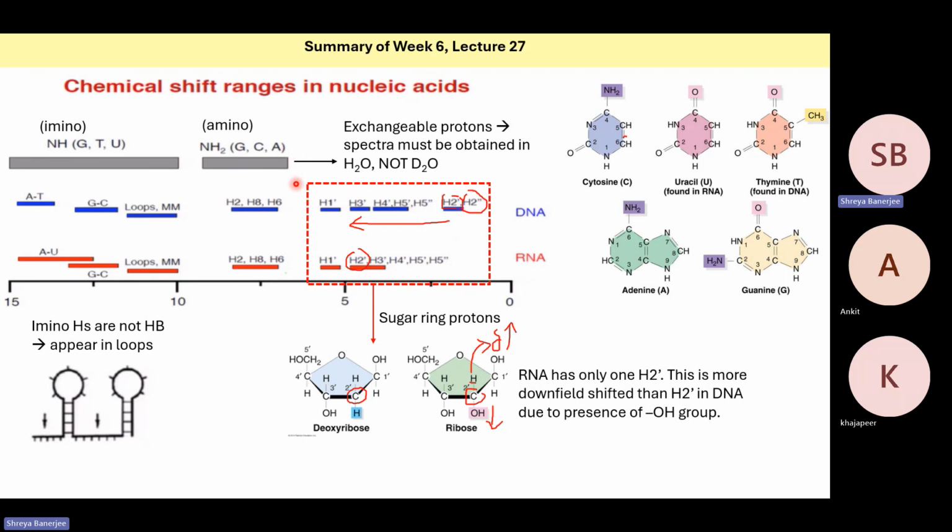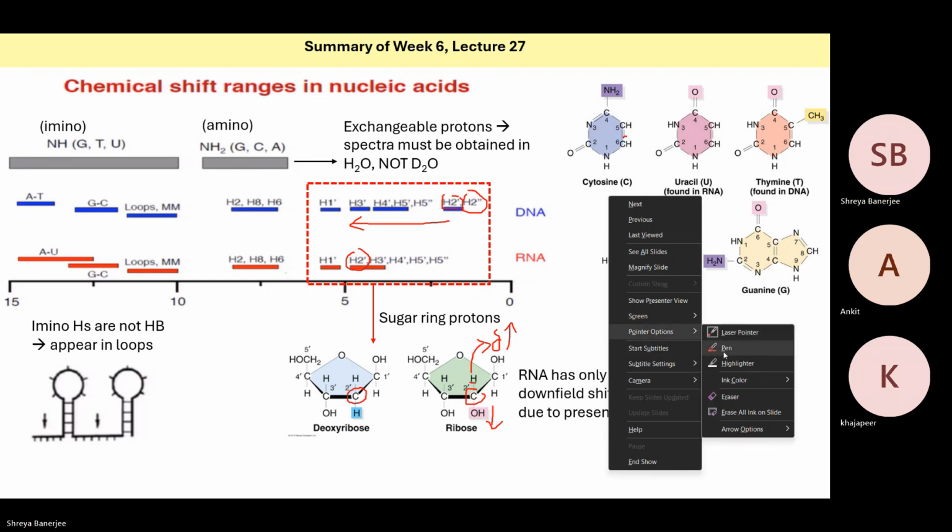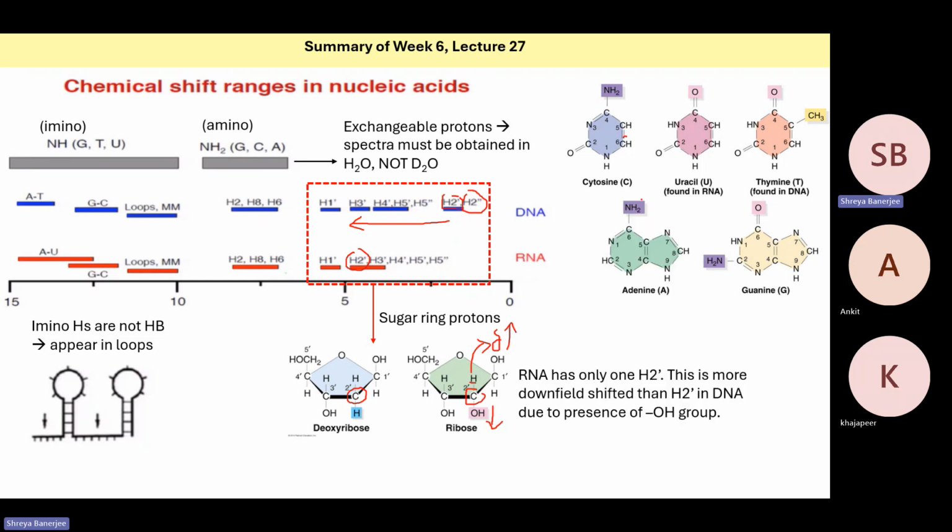Now, this is the region where the amino protons appear. So you can see H6 is basically this amino proton, which appears in adenine. H2 is this amino proton, which appears in guanine. And similarly for H8.